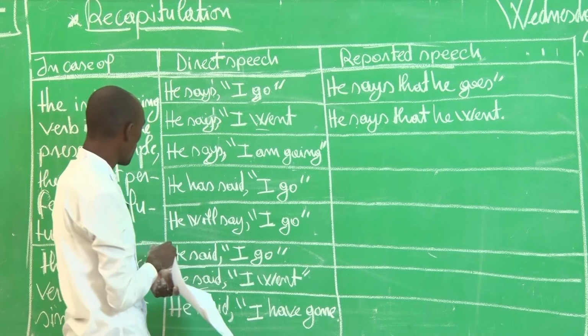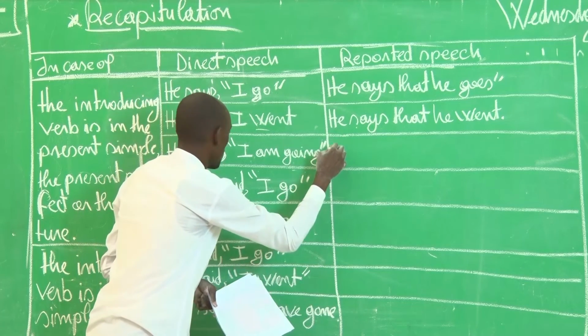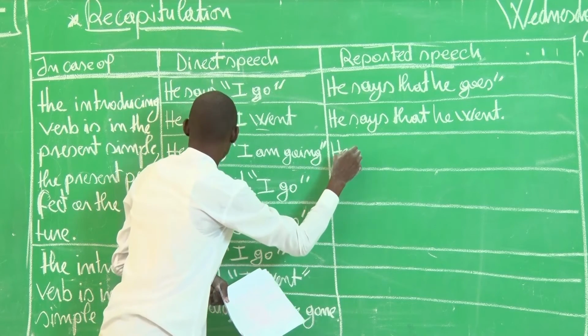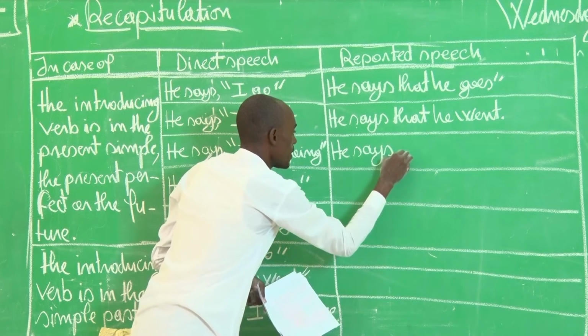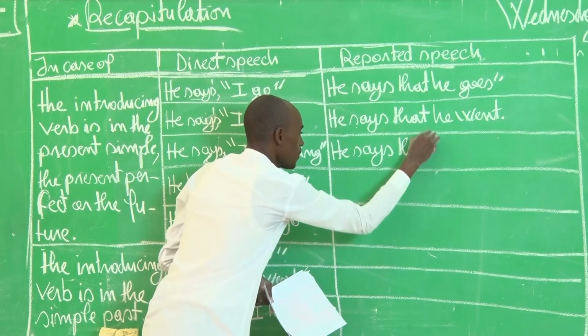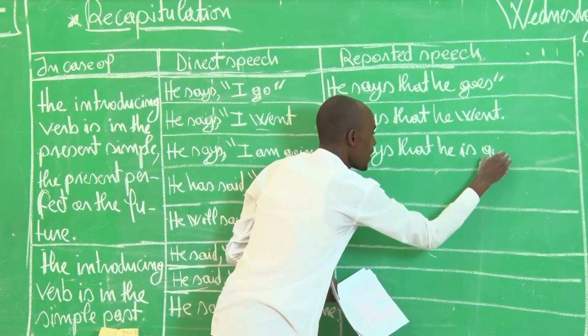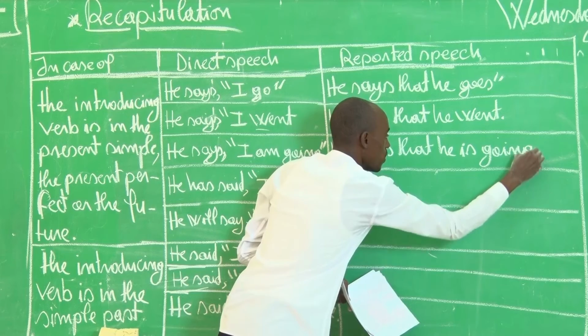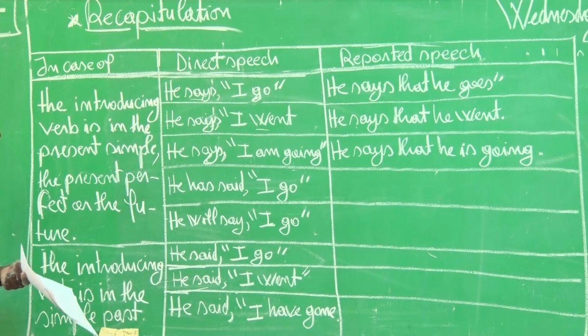And in indirect speech or reported speech we have, he says that he is going. We have also, he has said, I go.